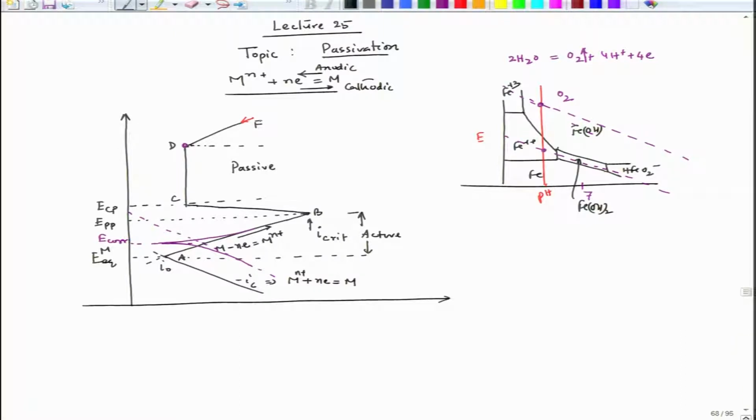Now, if we go from A to B along the anodic polarization line, we are following a Tafel equation, which is eta anodic equal to beta A log of I A by I 0 of metal on the metal surface. This is the I 0 of metal on the metal surface.